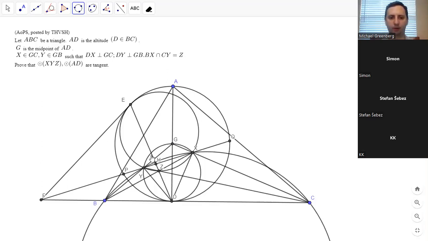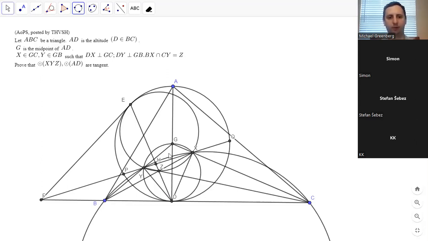That follows by similar triangles, because whenever you have a right triangle and you drop a perpendicular, you have 3 different similar right triangles. So GD over GY is GB over GD, which is the same as saying GY times GB is GD squared, and GX times GC is GD squared. So since GY times GB equals GX times GC, by power of a point, those are cyclic. Okay, I understood. Thank you.